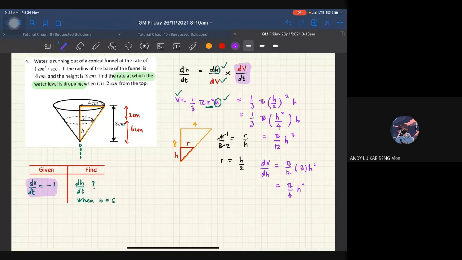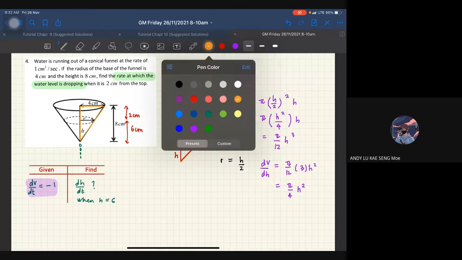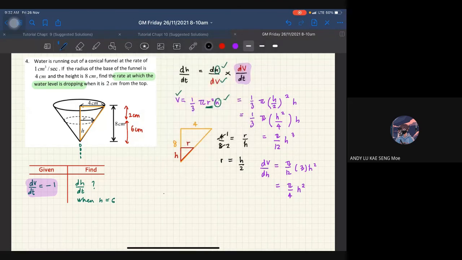So dH dt is equal to pi over 4 6 square. Ada negatif kat depan, sorry. Alright. So 36 bahagi 4, awak dapat 9. So negative 9 pi. And then dH dt is centimeter per berapa tu? Second.